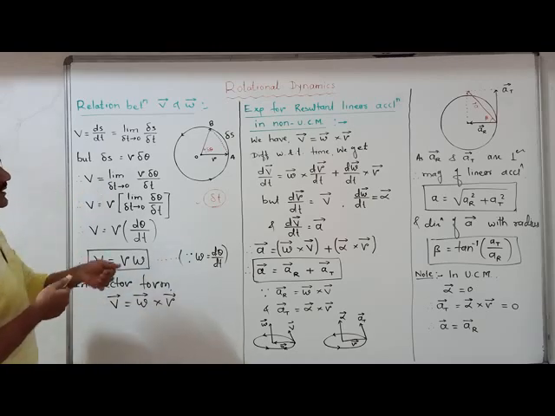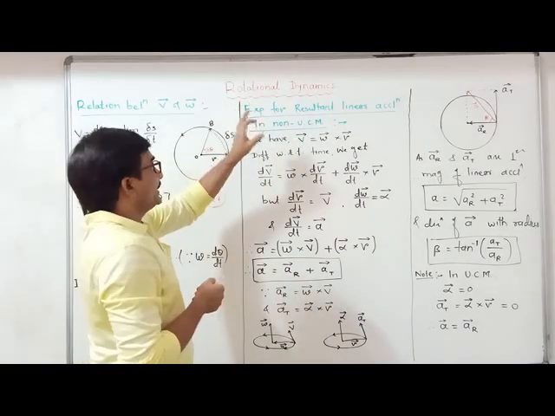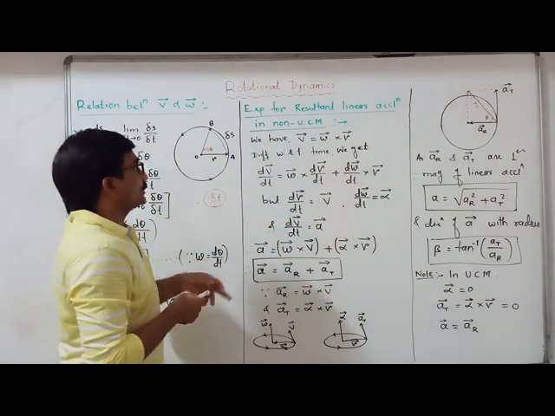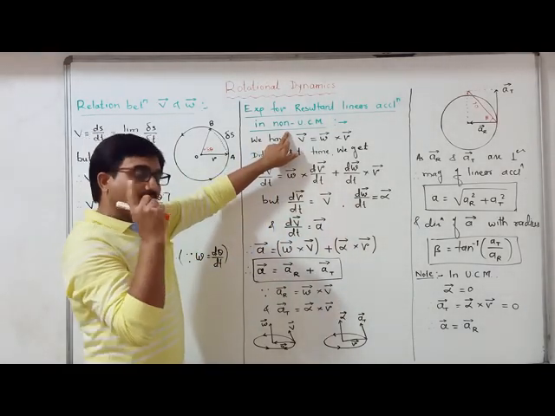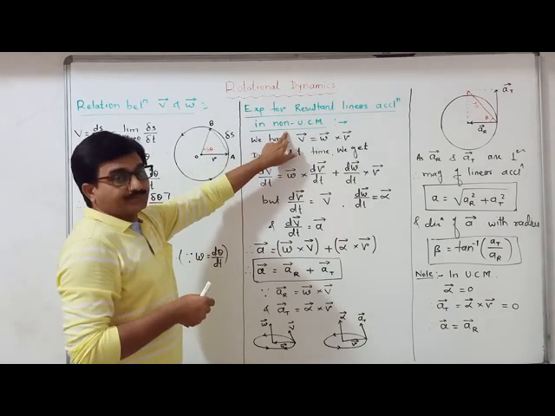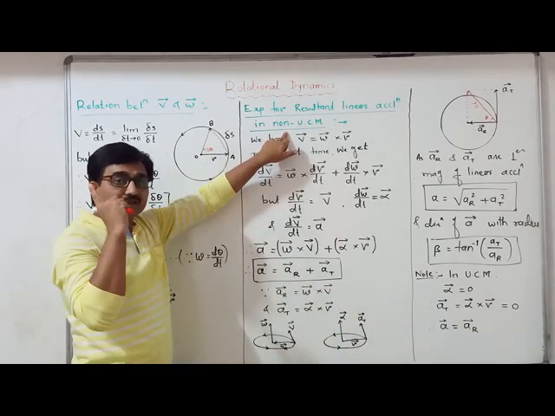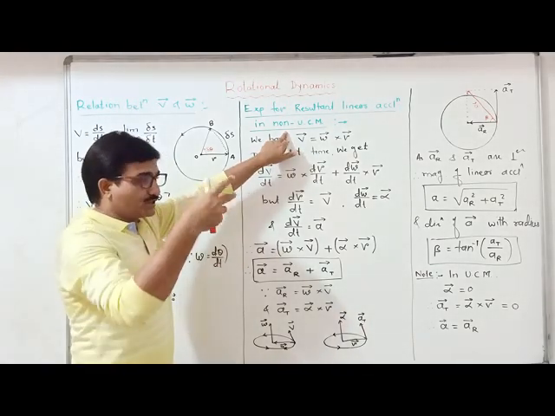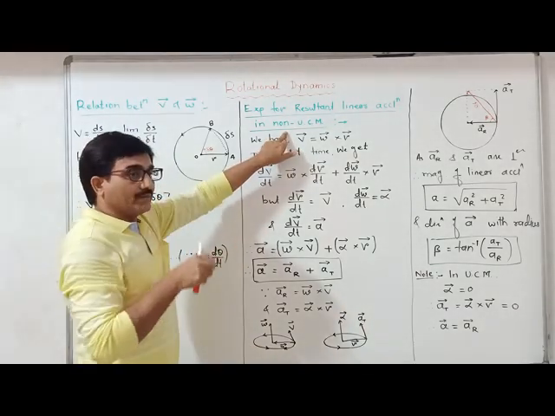Now next, we have to derive the expression for the resultant linear acceleration in a non-UCM. Now we know that in a non-UCM the linear velocity changes due to both a change in magnitude and a change in direction of the velocity.